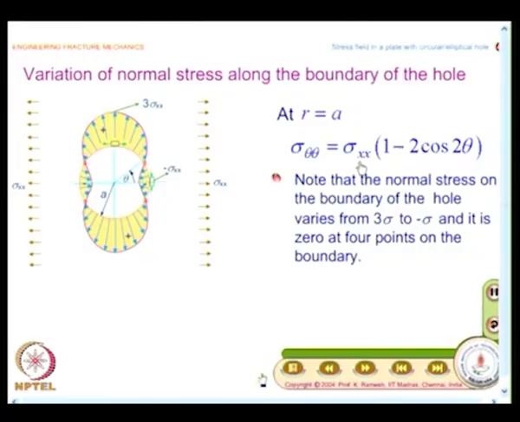See, this is what I had said, when you have a geometric discontinuity, it definitely produces stress concentration. The other observation is, a uniaxial stress field changes to biaxial stress field near the vicinity of the geometric discontinuity. And when you really investigate the stress field, you also have surprises.